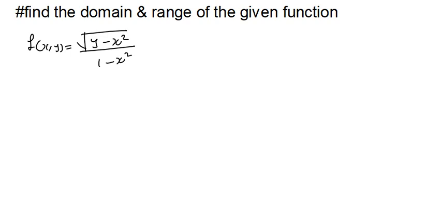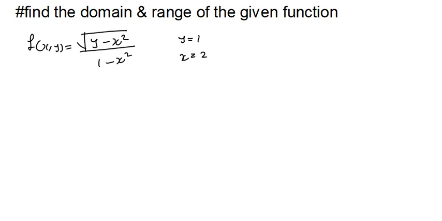Now for me to get the domain, I need to look at what is happening on the numerator as well as the denominator. Do I have any value that might make the numerator invalid? Yes, I have. I don't want to get a negative. So meaning, let's say for example your y is equal to 1, then your x is equal to 2.